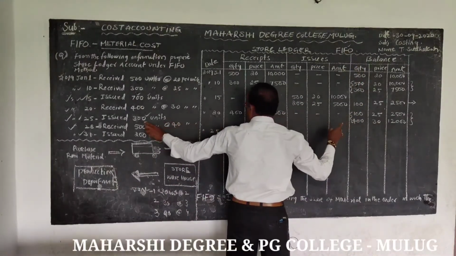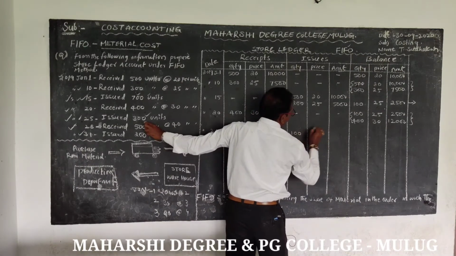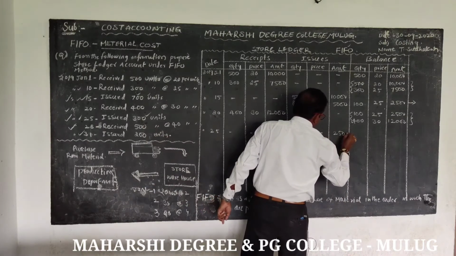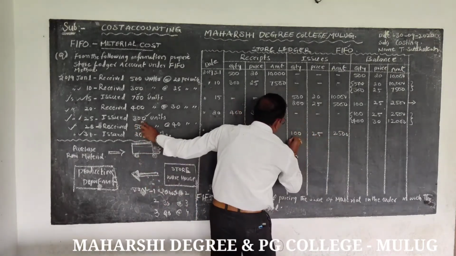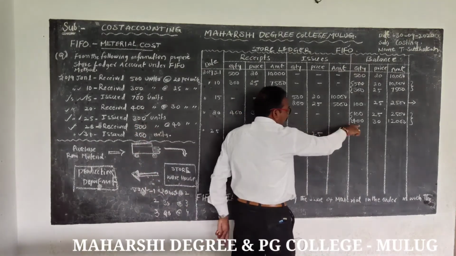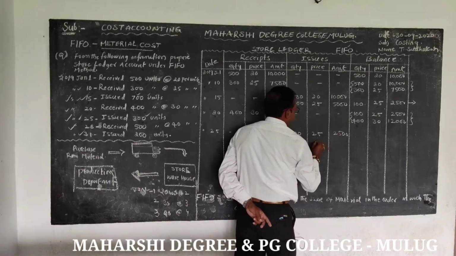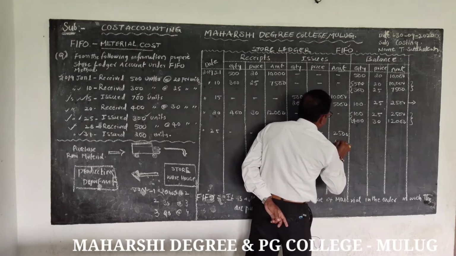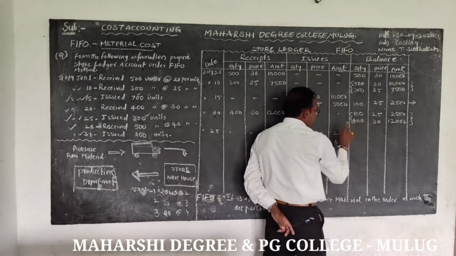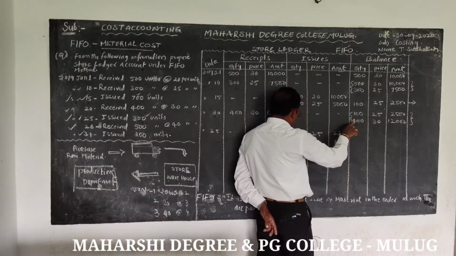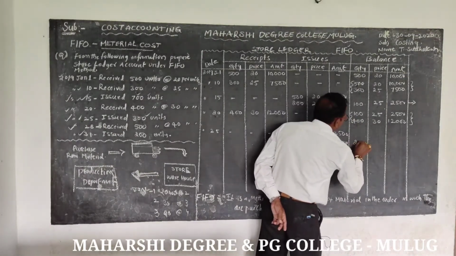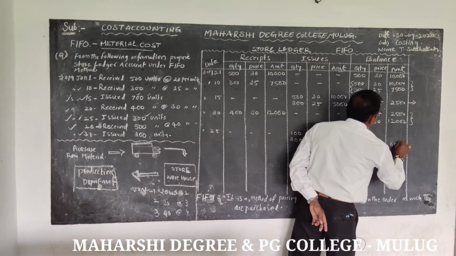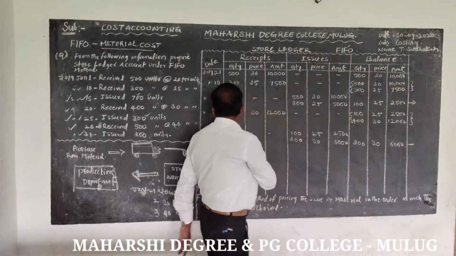Out of 300, the first 100 units are issued, 2,500, and the remaining 200 units are issued from the 400 units at 30 rupees, 30 into 200 is 6,000 rupees. So the remaining balance is 400 minus 200, only 200 units available, 6,000 rupees as of the 25th.